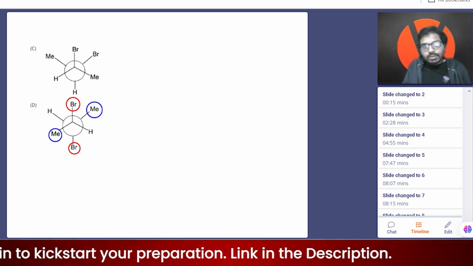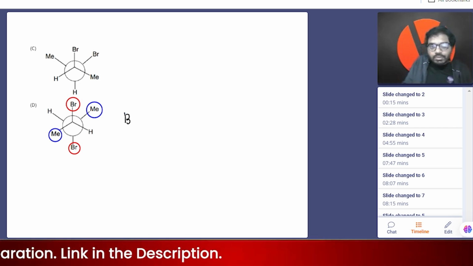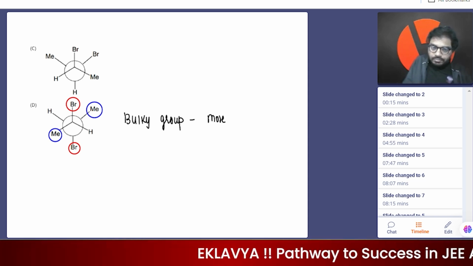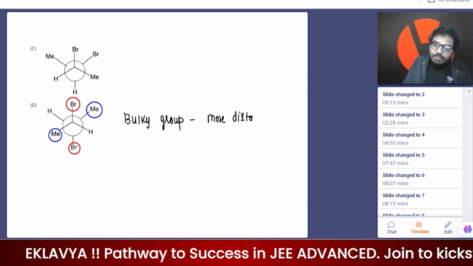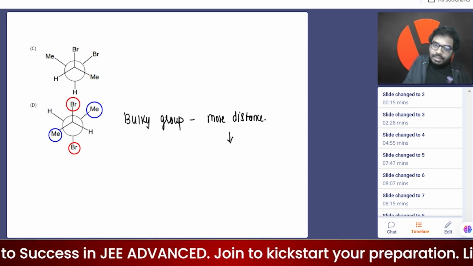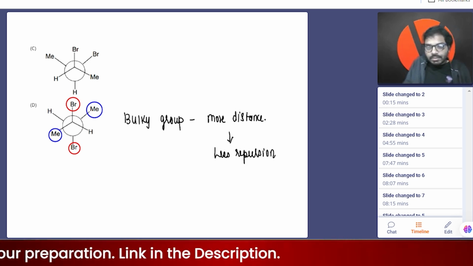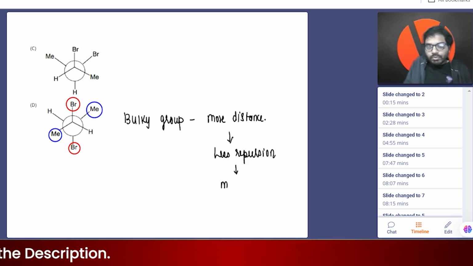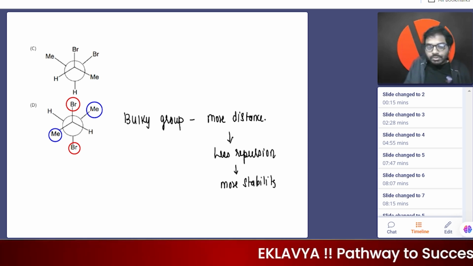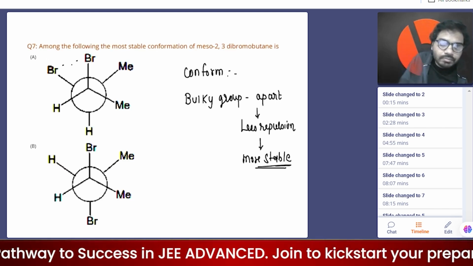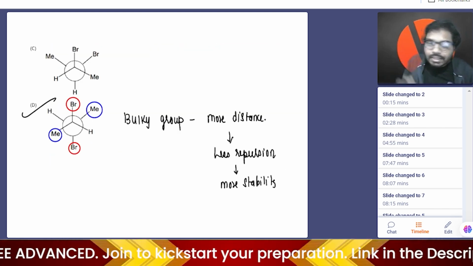So the distance between the bulky groups is more, or we can say the angle is more, so the repulsion is less. As the repulsion is less here, the stability will be more. That's the reason the correct answer for this question is D. So for the seventh one, the correct answer is D.